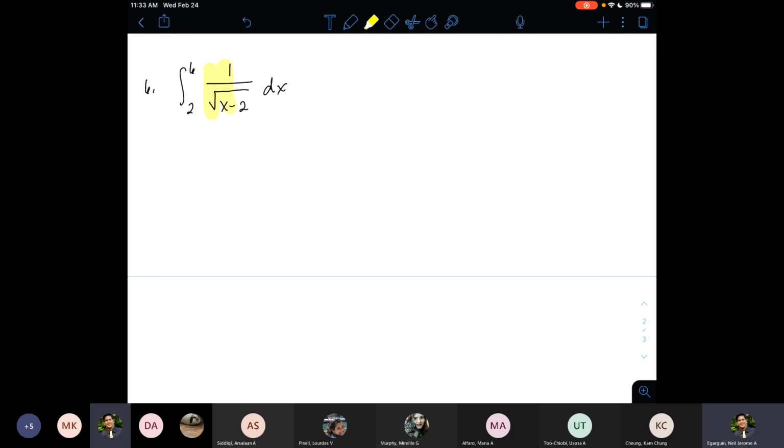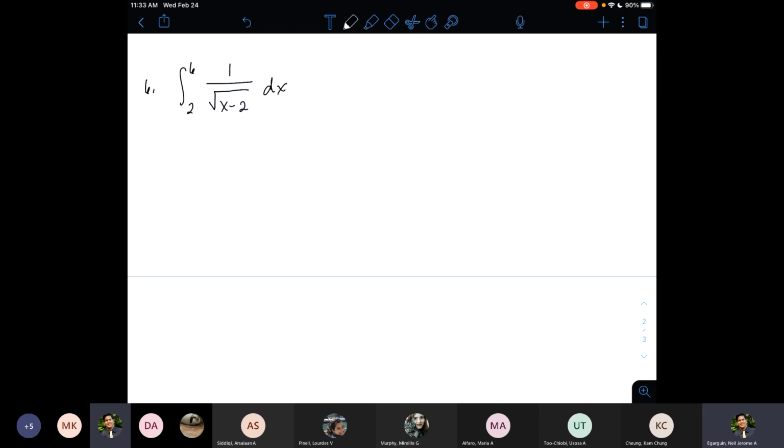So your integrand is this function, a rational function, or basically a fractional function, and it would be discontinuous if the denominator happens to be 0. So you look at the integration interval 2 to 6. Is there a number on the closed interval 2 to 6 that will make the denominator 0? Unfortunately, yes. When x is equal to 2, which happens to be the lower bound, the integrand is discontinuous, right?